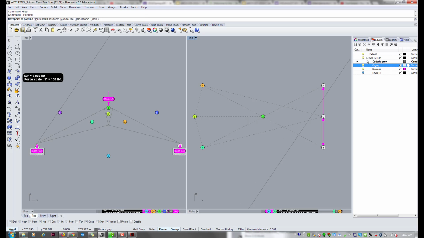So let's say, what is this experiencing? I really do need these points, even though it kind of gets in the way. But let's look at the member RS, which is that bottom chord, which is this one right here.